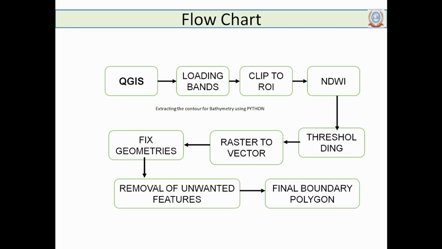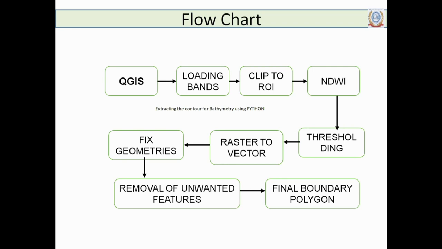The normalized differential water index will give you the land and water boundary. This data is very important because the survey may not have been carried out at FRL. So you can extrapolate the data up to FRL if your data collection is done in a properly planned way within the water body.